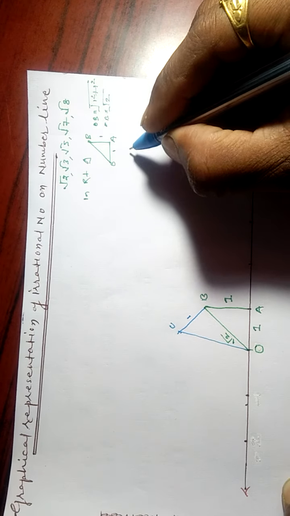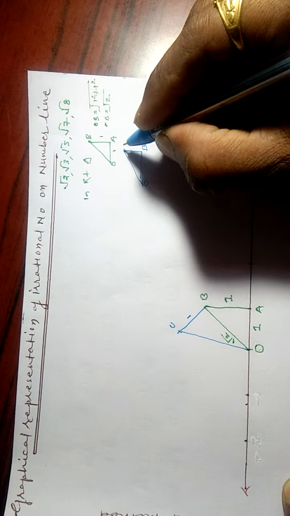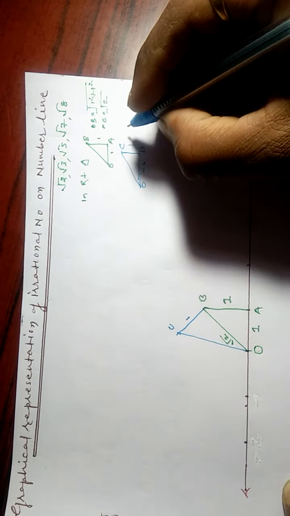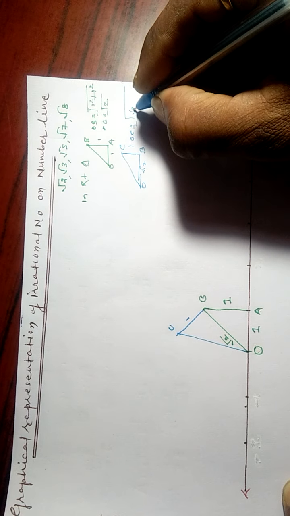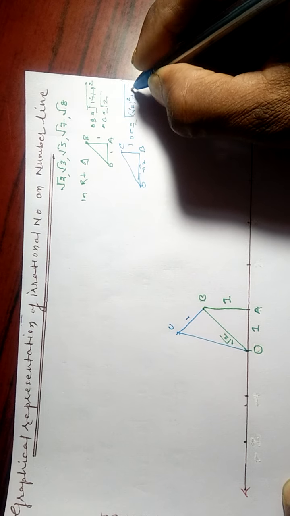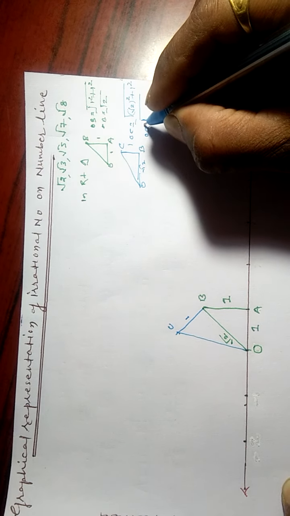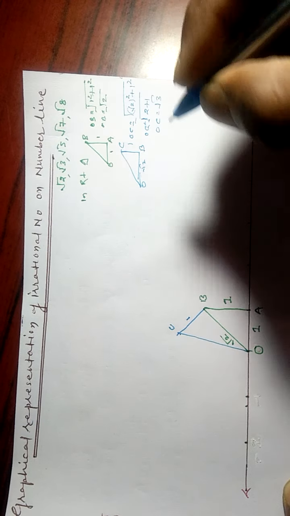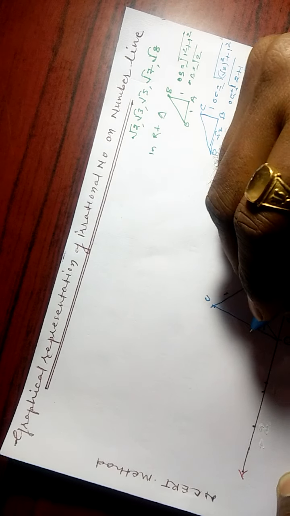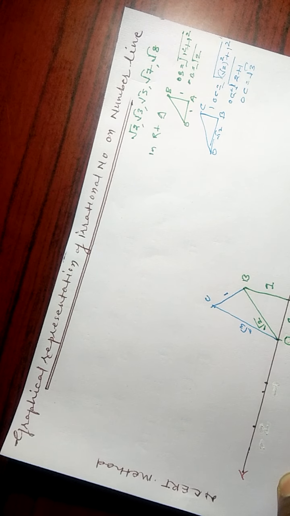Then in right triangle OBC, OC becomes root of 2 square plus 1 square. This OC becomes root 2 plus 1, means OC is equal to root 3.